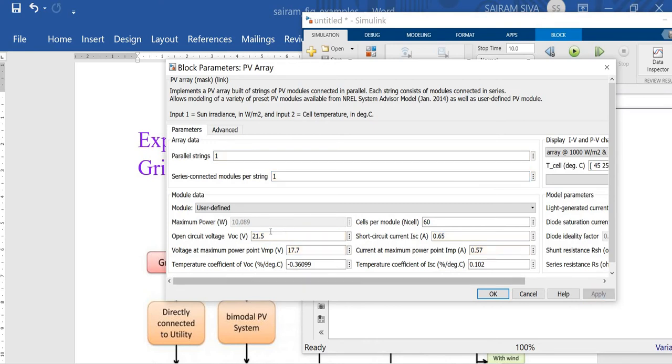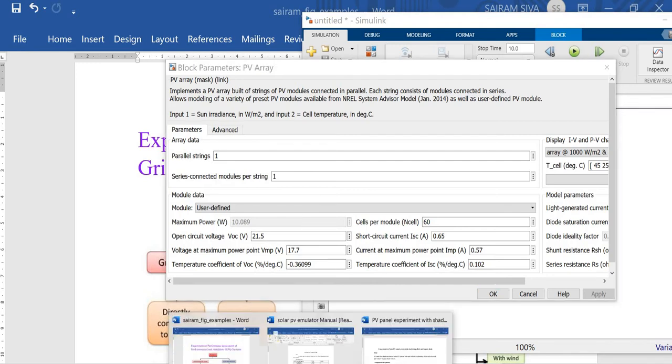Here, what is the maximum power? It is 10.089. But we are going to develop the module, so we will decide how many panels are connected in series and how many panels are connected in parallel, based on our requirement.